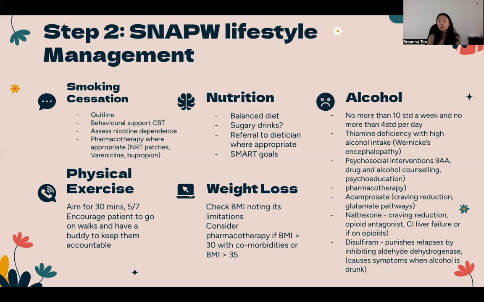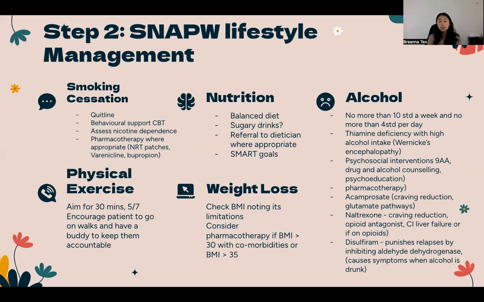It's good to know the dosing regimen for each of those, as well as some common side effects and whether they interact with alcohol. In particular, disulfiram is the one where, if they drink alcohol whilst on this medication, they get symptoms. That's how you differentiate it in an MCQ per se.